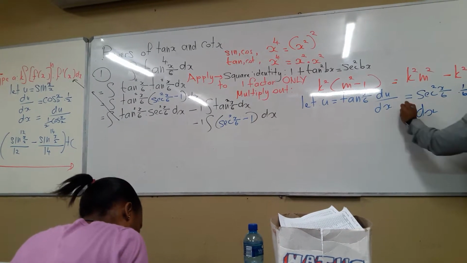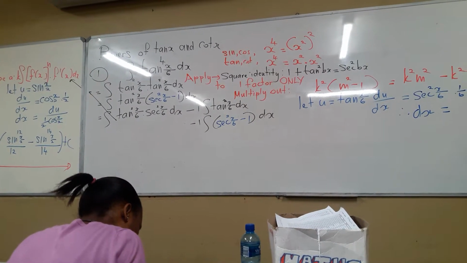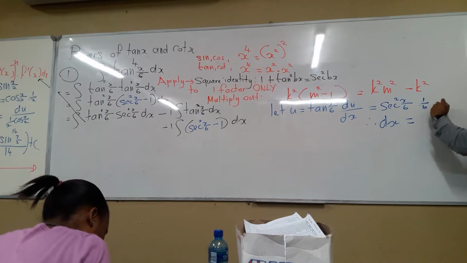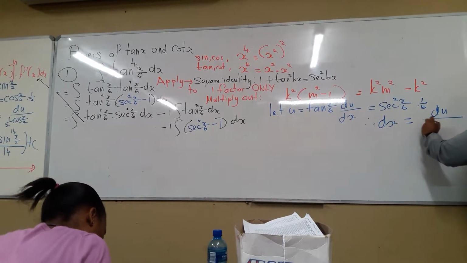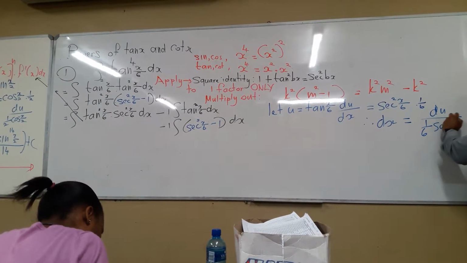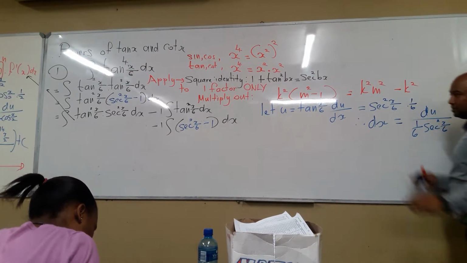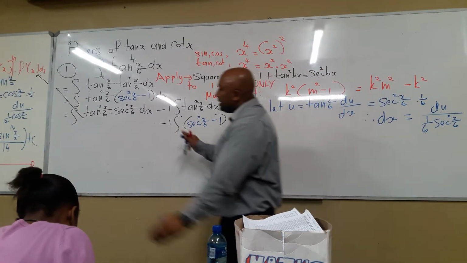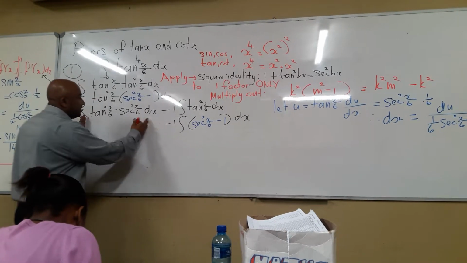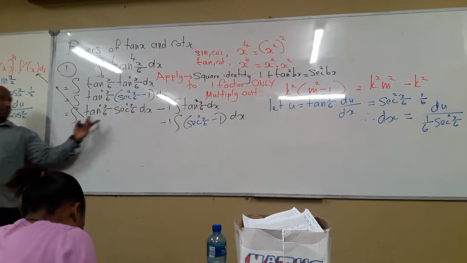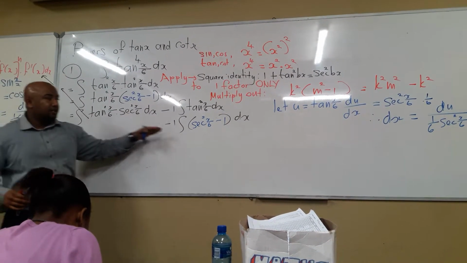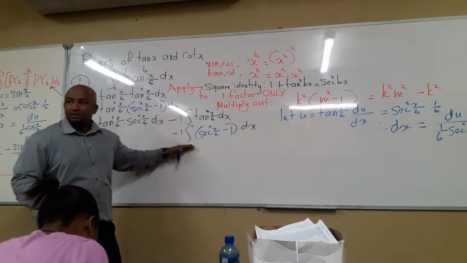So therefore, dx will equal du all divided by 1 over 6 sec squared x over 6. So the substitution only applies to the first term here because it's type A. Here there is no substitution.